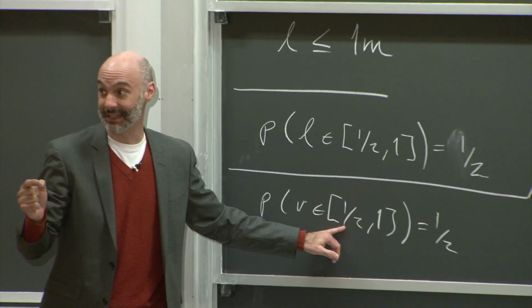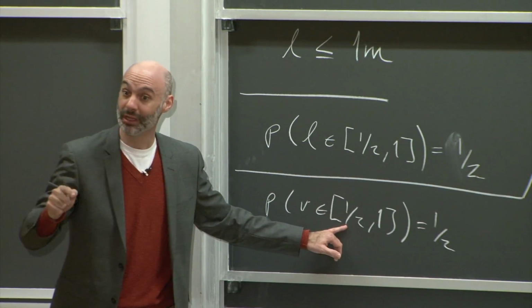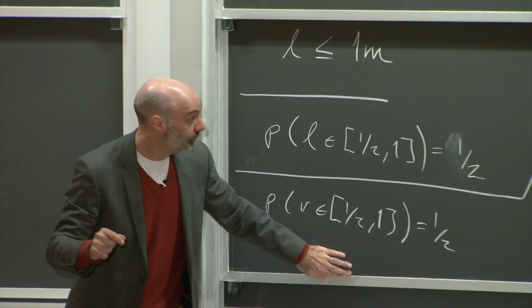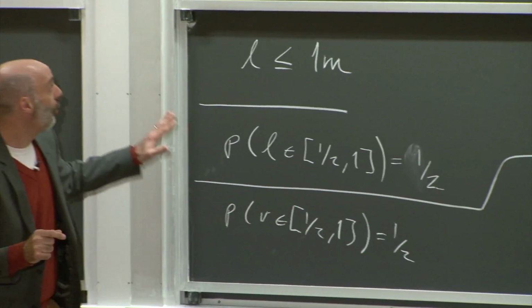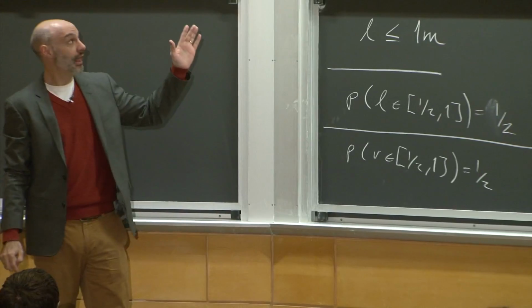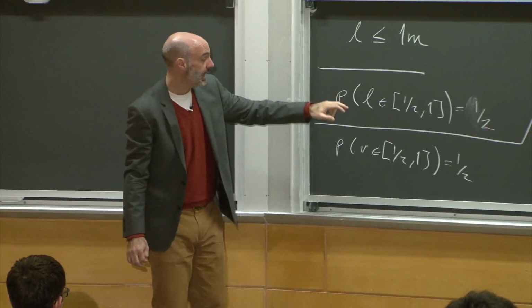They're the cubes that have a side length of 1/2 to the 1/3, which is about 0.8. So that means that we get a very different result.